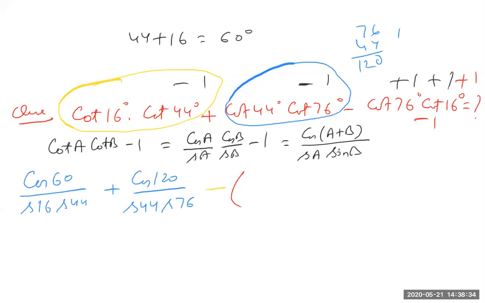So if plus sign is here, minus sign will be here. So you will get cos of A minus B, 60, upon sin 76 sin 16, and then plus 3. This is the step. In a single step, you will get the answer.